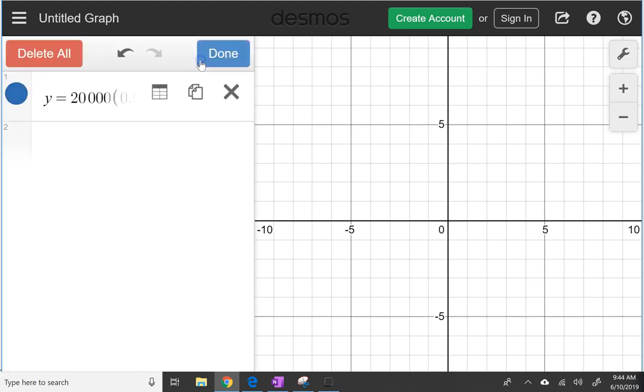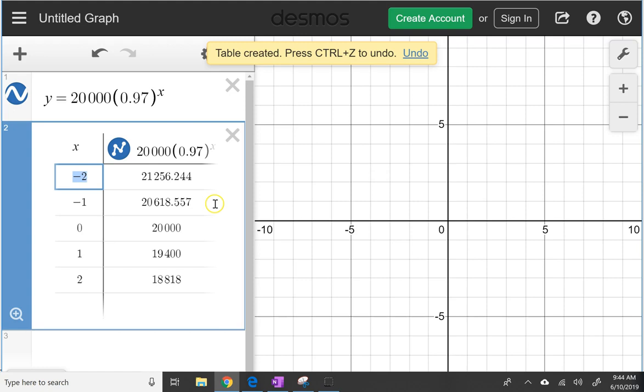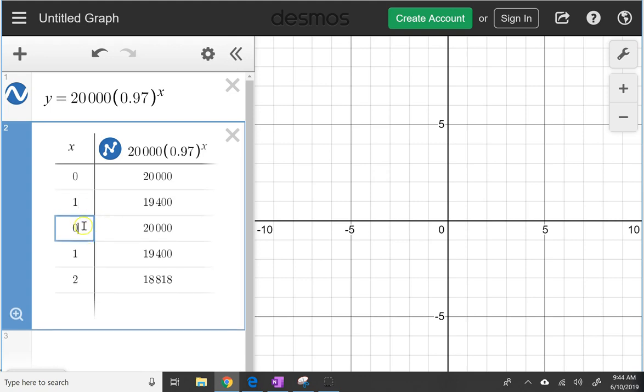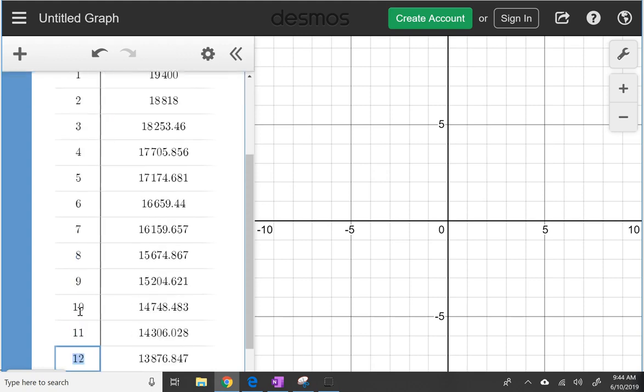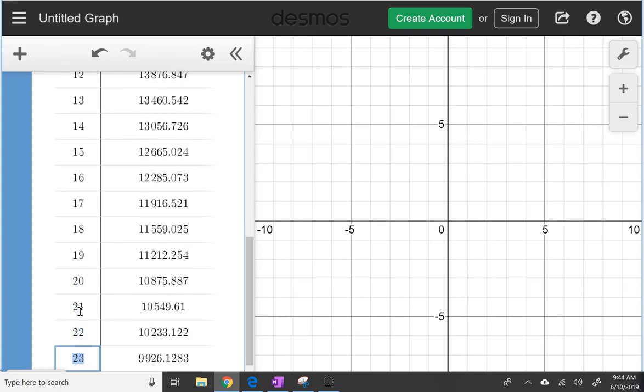And the reason I do that is so that when I duplicate it and convert it to a table, it all comes out nicely. So negative values don't make sense in this context for the domain. So our question is, when is it going to get down to $500? And so we can just keep on trucking, pun intended, until we get down to $500.